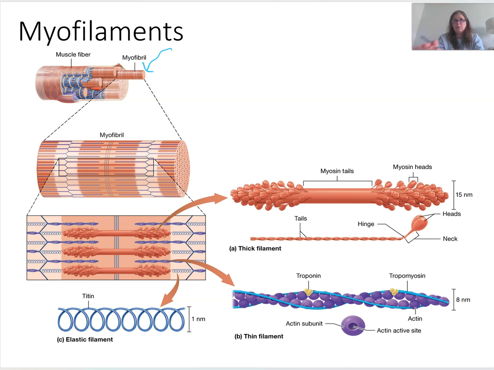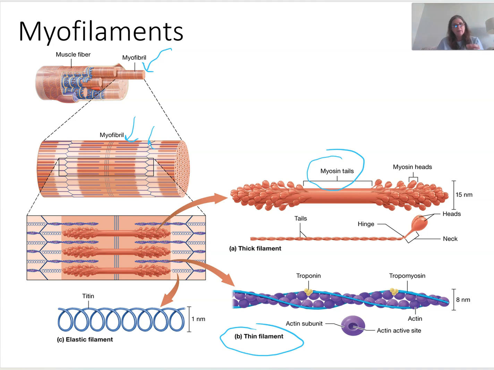Each myofibril is a long protein structure, runs the whole length of the muscle fiber, and it's made up of the proteins. So the myosin is the thick one, which gives you this dark band, and the actin is known as the thin one, and that looks like this lighter area or lighter band that you can see.